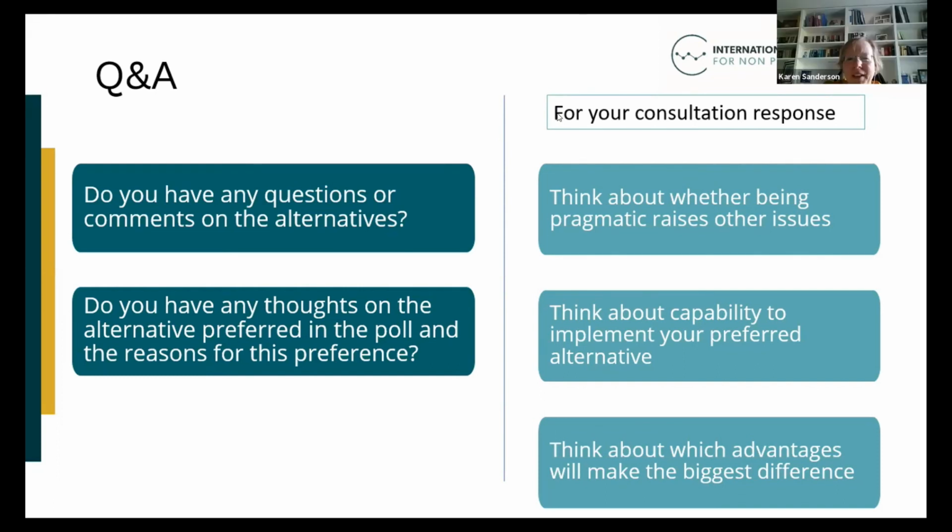Ram, did you want to come in? Yeah, thanks. I was the culprit who put up alternative 1. For me, it was a close call between 2 and 1. I was thinking about current replacement cost for donated goods, and I couldn't quite get my head around how you do that.